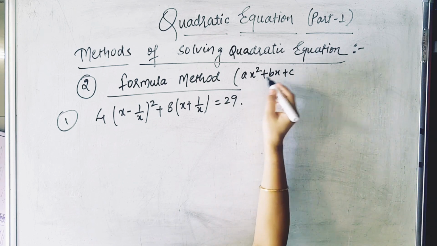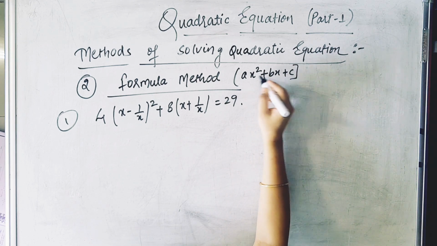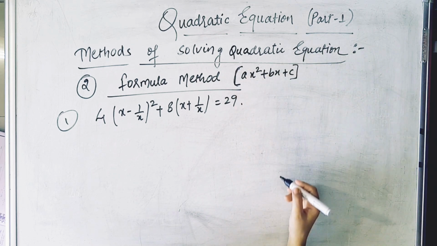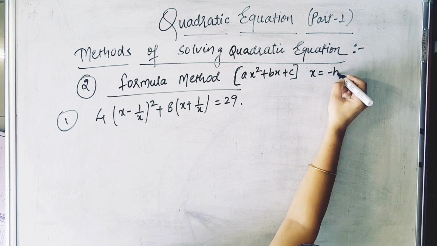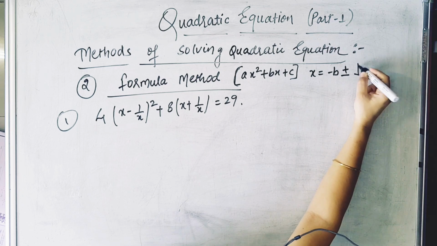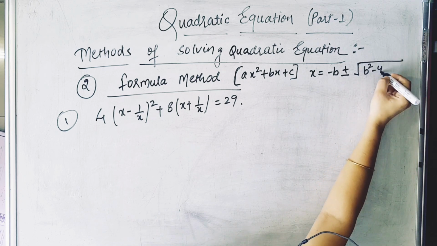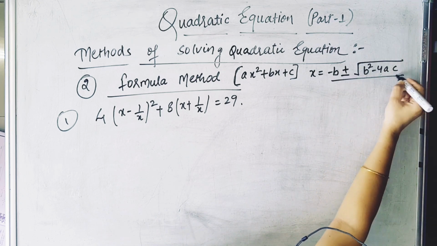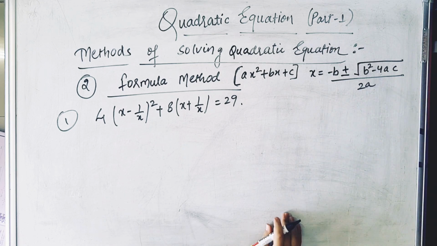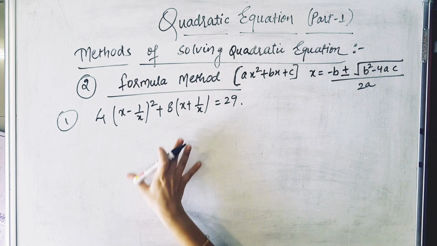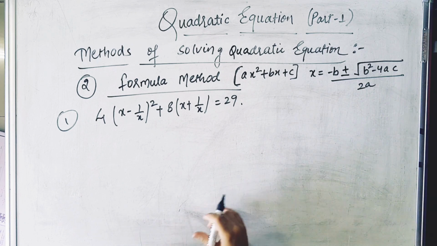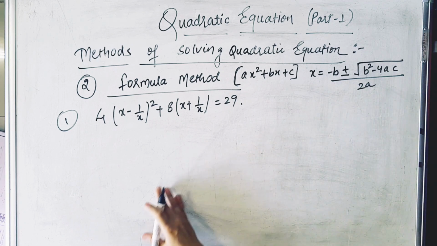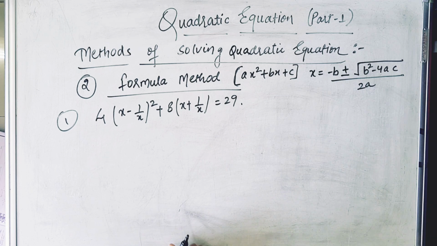So if the equation is given in this form, we can directly apply the formula and that formula is x is equals to minus b plus minus square root of b square minus 4ac upon 2a. Now I'll tell you how to solve this quadratic equation with the help of this formula. If we are using this formula to solve any quadratic equation, so that method is known as formula method.